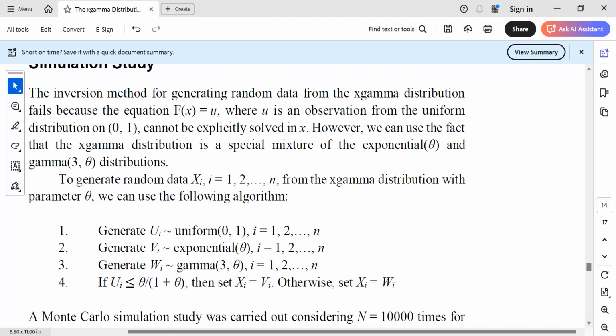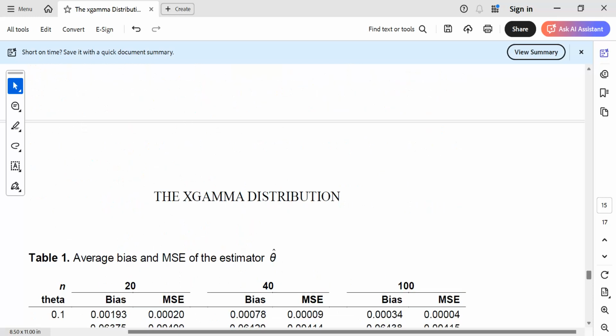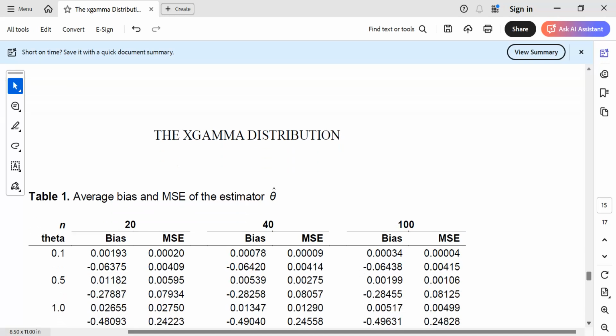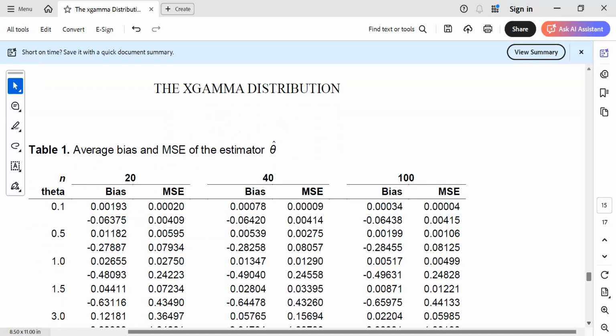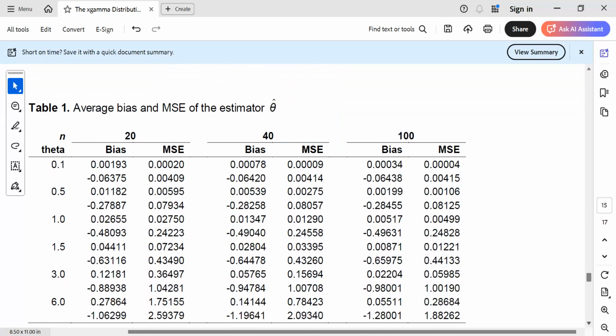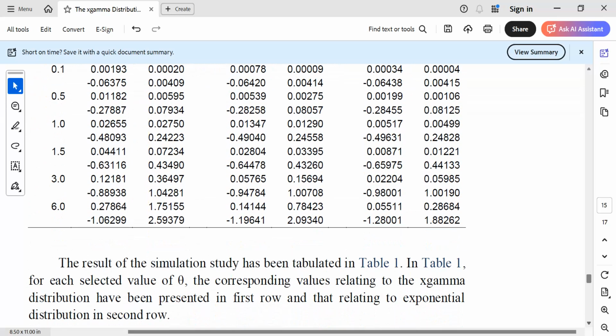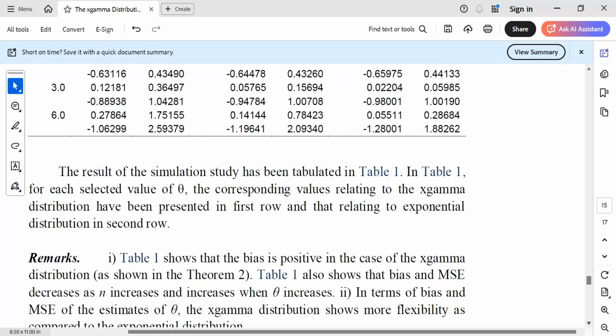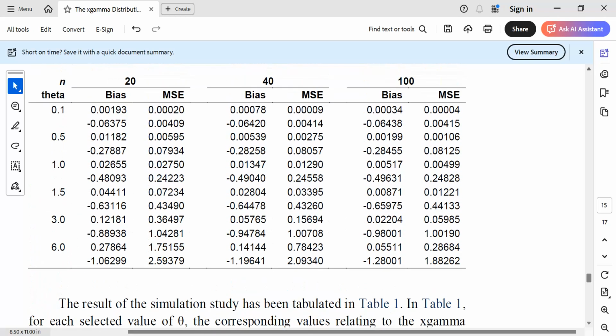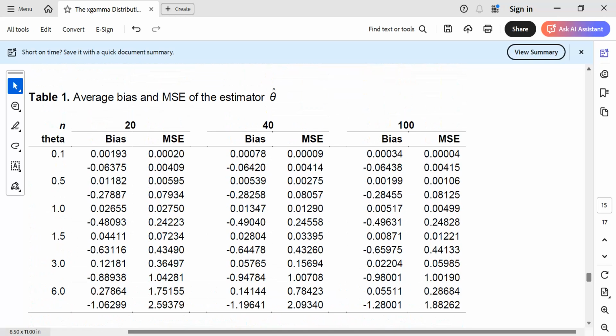I thought they were comparing maximum likelihood and, okay, so yeah, they chose this.